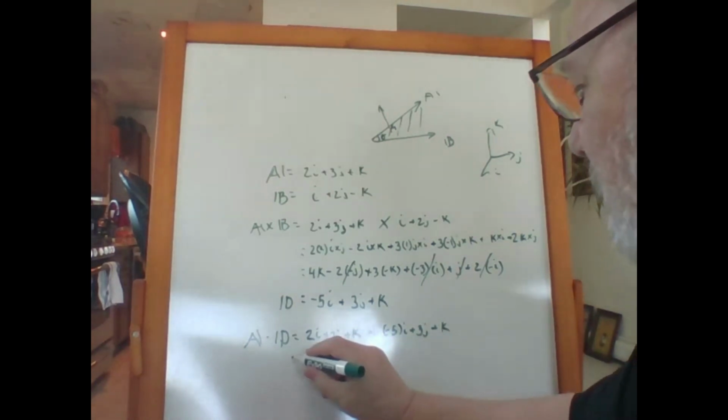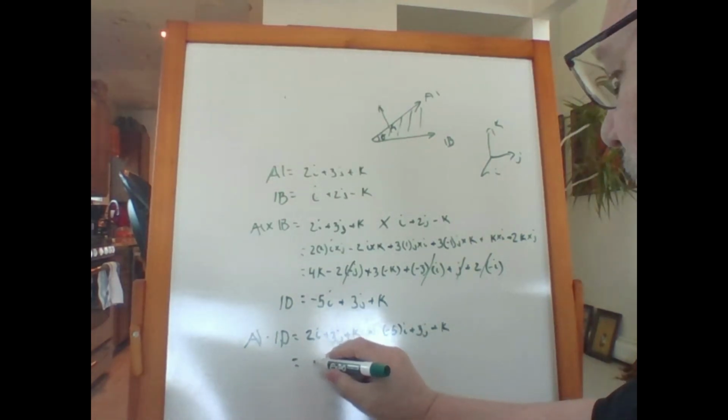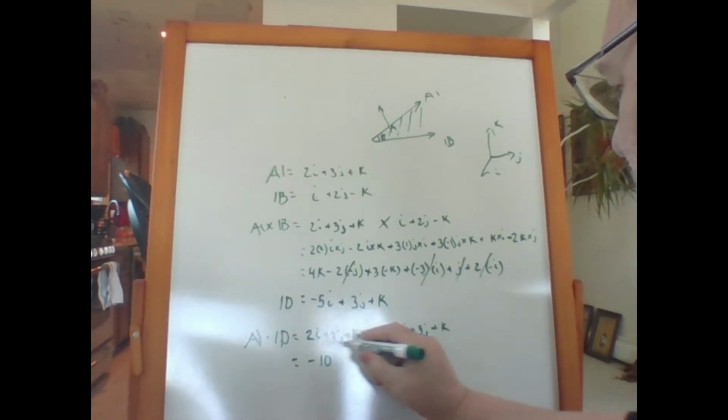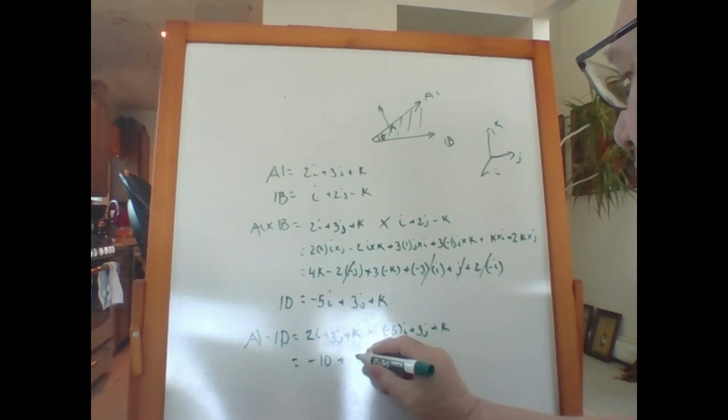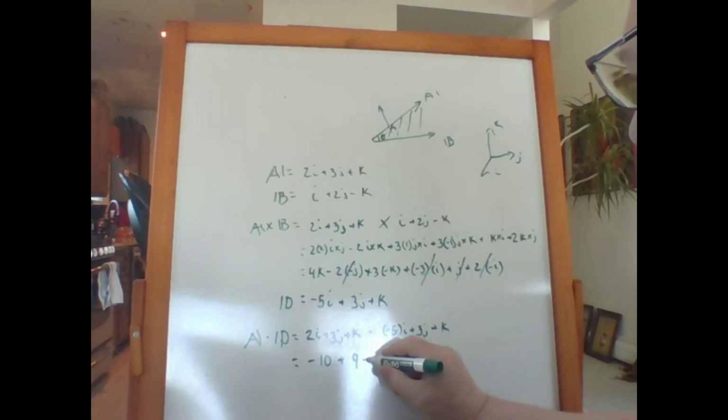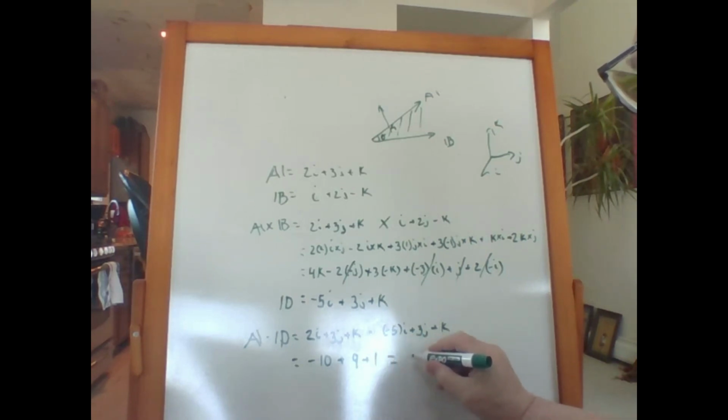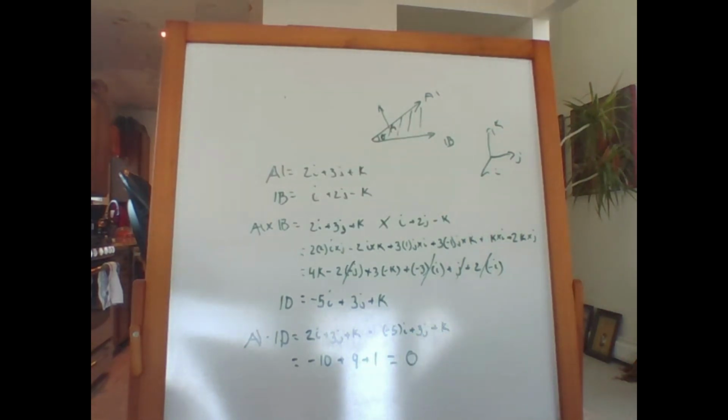So this is equal to minus 10 plus 9 plus 1, and that's equal to 0. So we did it right.